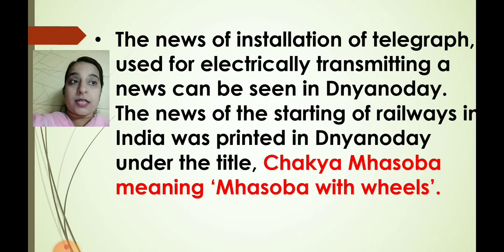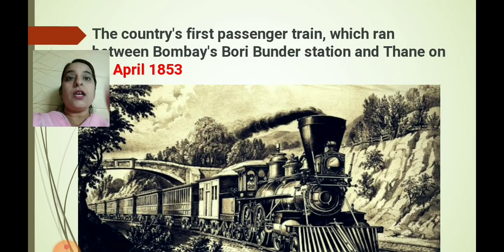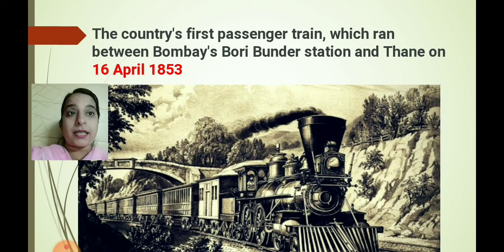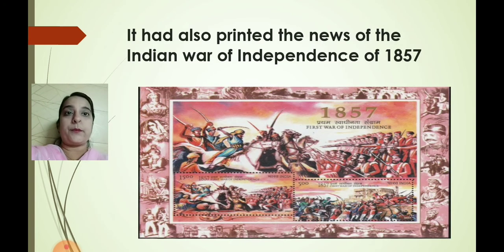And the news of starting of railways in India was printed in Nanoday under the title Chakya Masoba, meaning Masoba on wheels. So the country's first passenger train ran between Bombay's Boribandar station and Thane on 16th April 1853. And it also printed the news of the Indian War of Independence of 1857. So everything was printed in Nanoday.